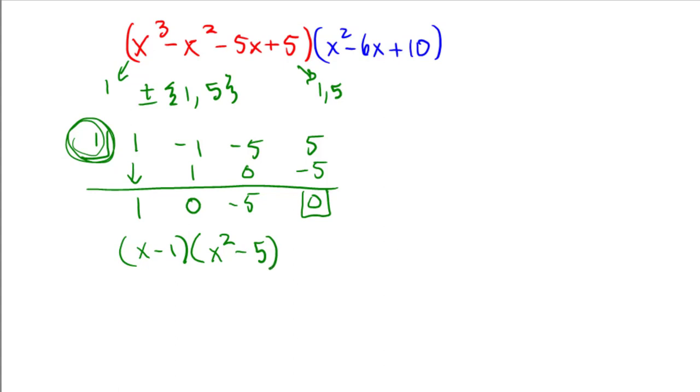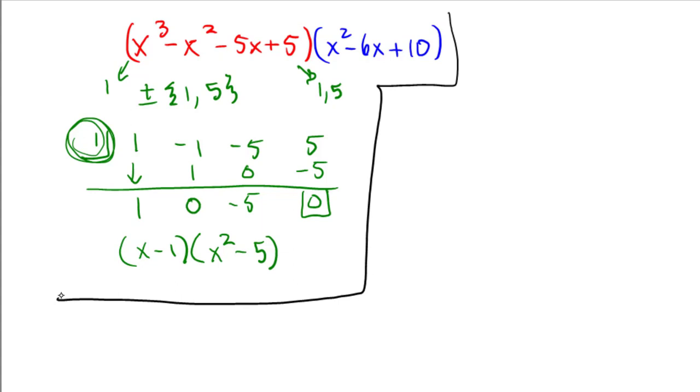Okay, so now I'm going to come to the next page. Let's see if we can fit it in here maybe. So let's cut that off. We have the red, which is now factored down into the green, yielding x minus 1 and x squared minus 5. And then we have our blue piece, which is x squared minus 6x plus 10.